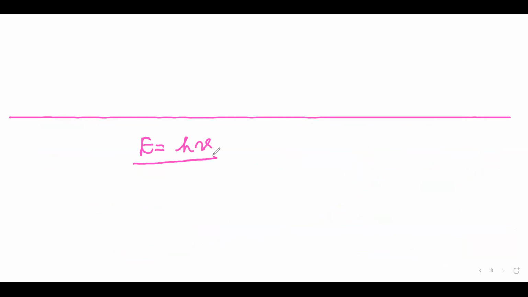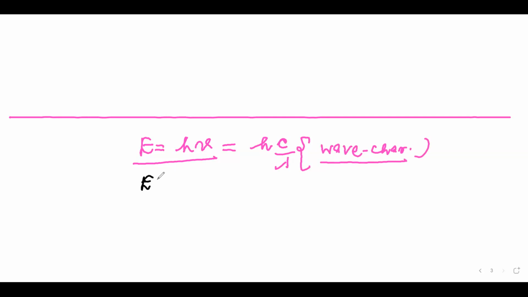E is equal to h nu. h nu I can write as hc by lambda. And if I am talking about lambda, that is wavelength, automatically here I am talking about the wave character. Then I have another equation, E is equal to mc square.